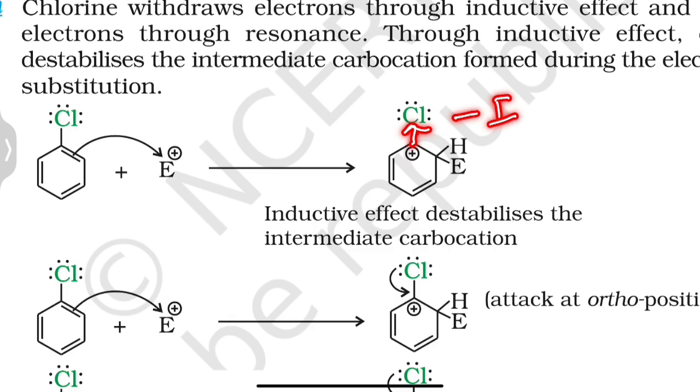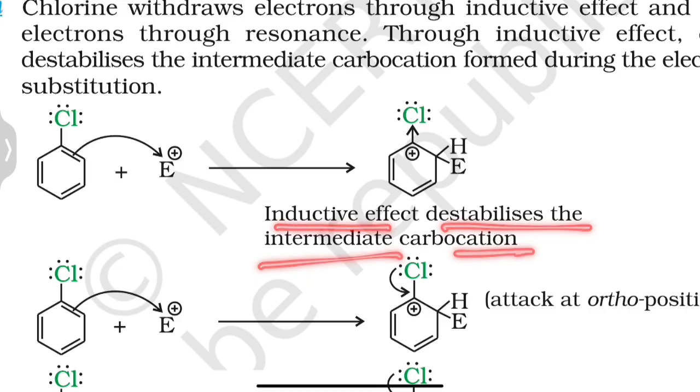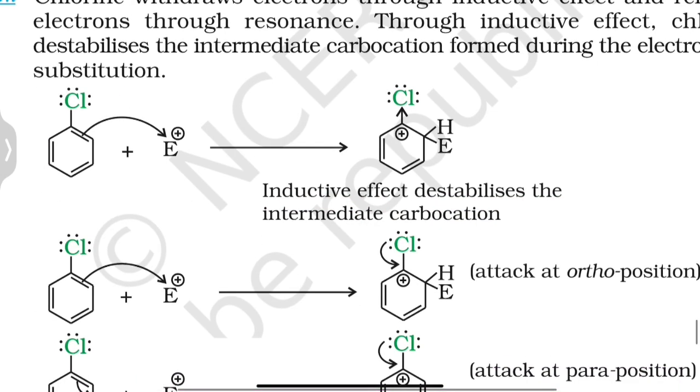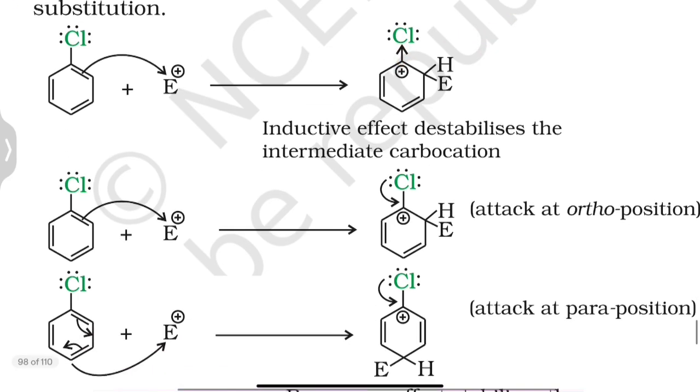The positive charge formed on the carbon atom is pulling the electron towards itself, and it is destabilizing. So the inductive effect will destabilize the intermediate carbocation which is formed. That carbocation is destabilized by the chlorine atom by pulling the electron towards itself by minus I effect.